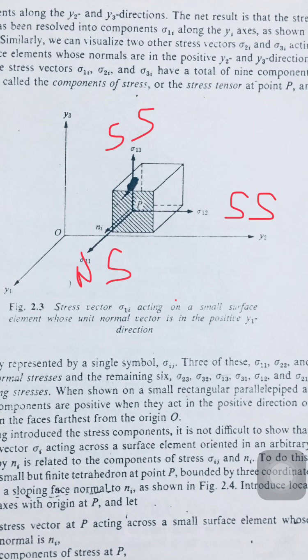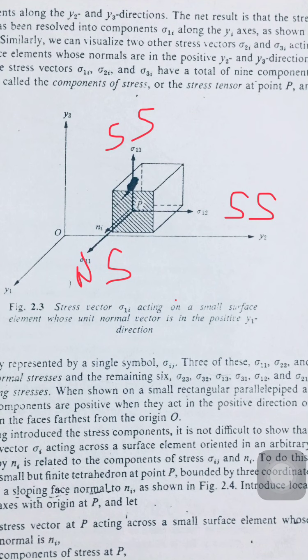If we consider the y3 axis, then sigma 31 and 32 are shearing stresses and 33 is a normal stress. So out of the total 9 components denoted by sigma ij, sigma 11, sigma 22 and sigma 33 are normal stresses, and the remaining 6 are called shearing stresses.